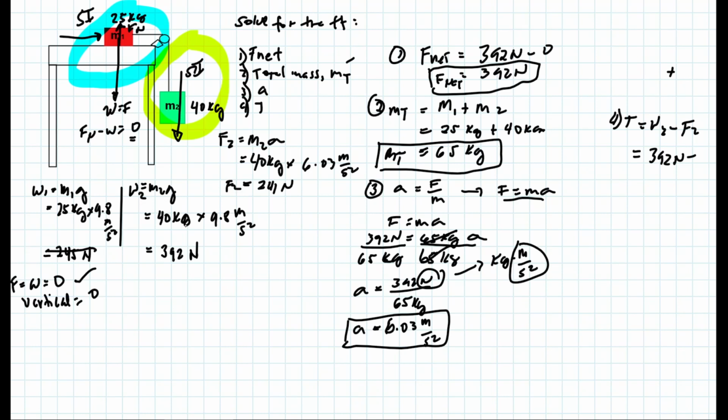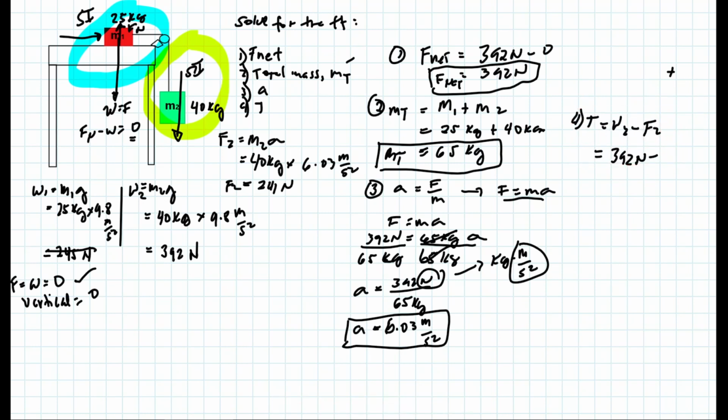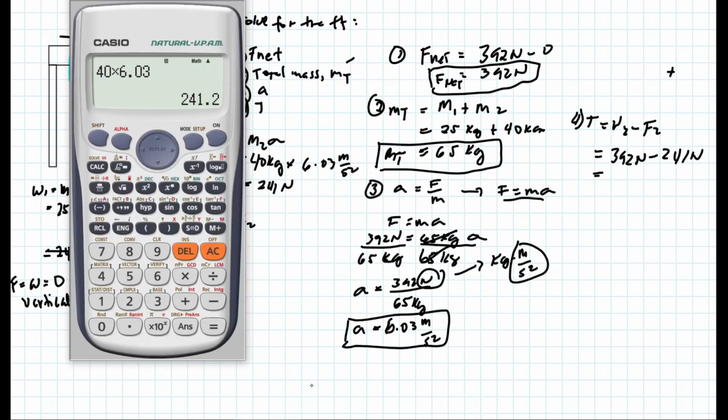So we will use this to subtract from 392. Let me move the entire computation here so I can write properly. So that's 392 minus 241.2 newtons.